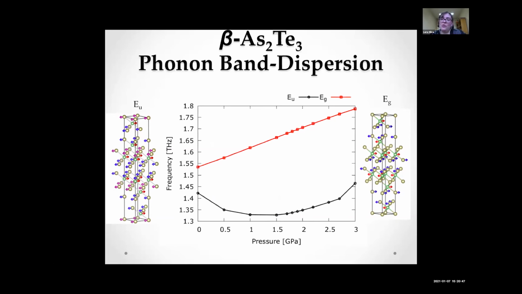Actually this is related to a Kohn anomaly, which is related to the electronic linear dispersion, or the Dirac cones. And this can anticipate that we will have an instability in the lattice, or that we are in the proximity of instability.